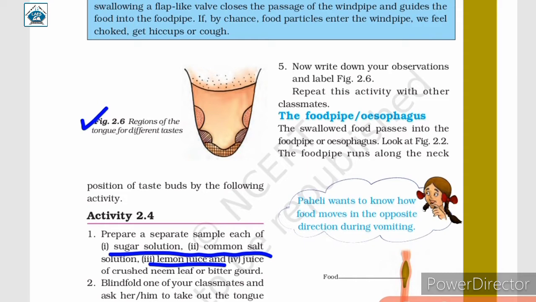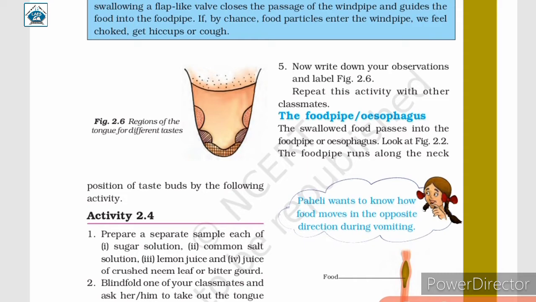After that, you need to use a clean toothpick and put the samples on different areas of your friend's tongue. As you can see here in the figure, different areas of the tongue are indicated over here. After that, you need to ask your friend or your classmate where they could detect different tastes. Then you need to write down your observation.